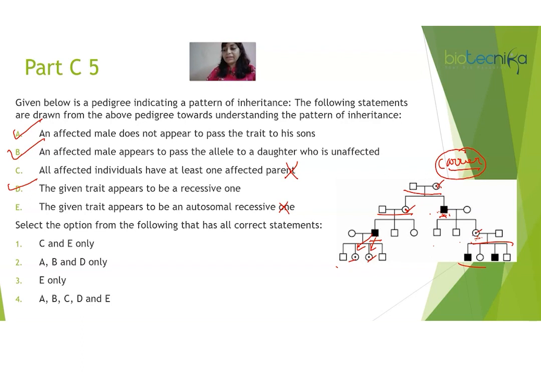It is only possible when he is passing the recessive X-linked allele to the daughter. That's when the daughter is becoming a carrier. So it is not autosomal, it has to be X-linked because it is showing the crisscross pattern of inheritance. So which statements are correct? A, B and D only. Answer is option 2.